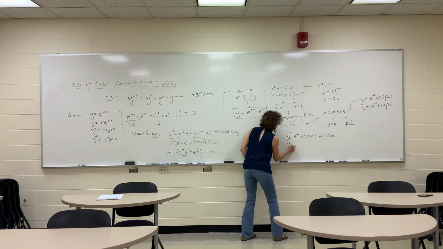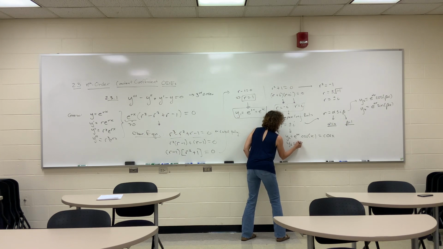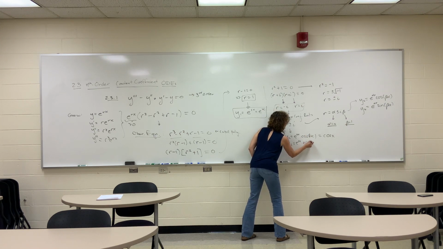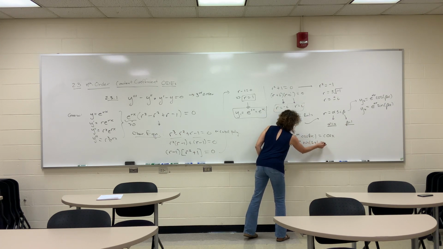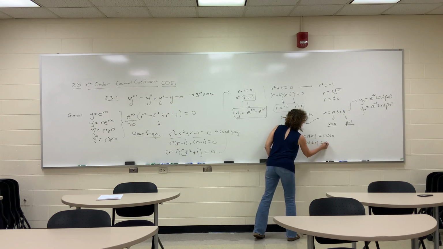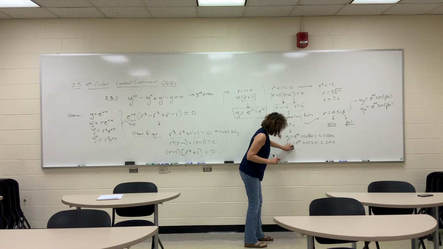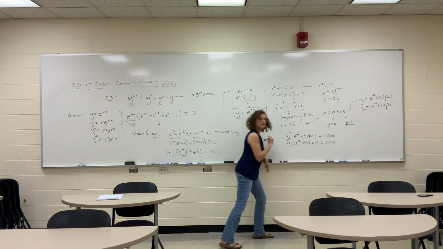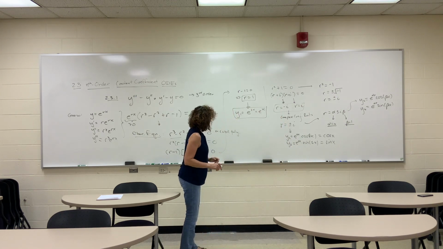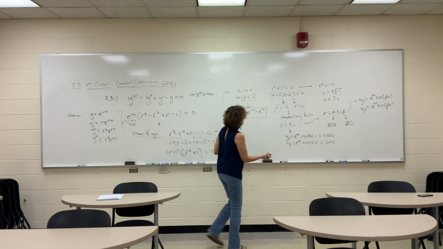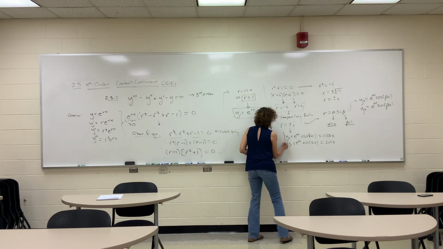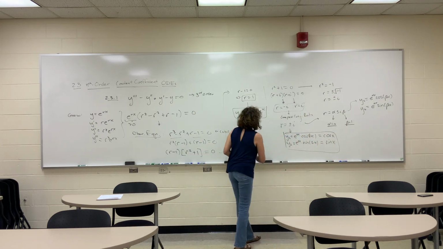And then y3 would be the same thing, e to the 0x, I'll just put the 1 in here so that you see it, 1 times sine of 1x. Well, that guy is 1, and so that's just sine x. So here we have our three solutions that we need.